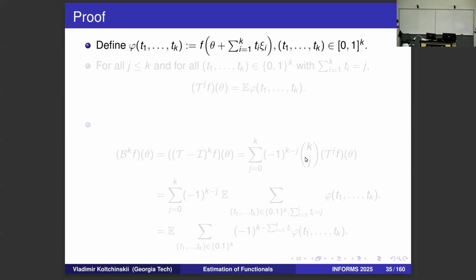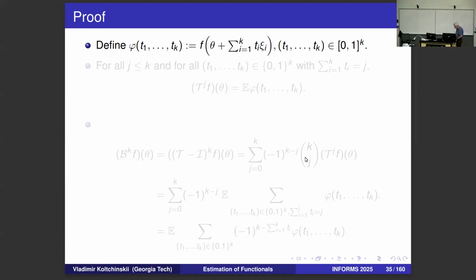So now let's look at this function phi of t1, ..., tk, which is just f of theta plus the sum from i equals 1 to k of t_i xi_i. Now (t1, ..., tk) will be a vector from the k-dimensional unit cube. Let's consider this function.